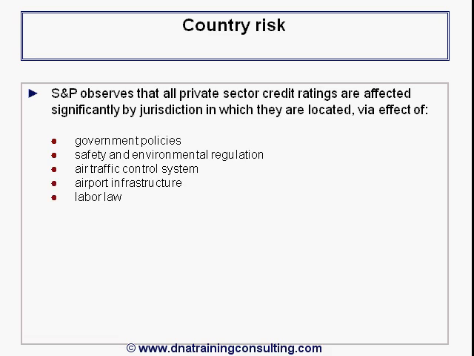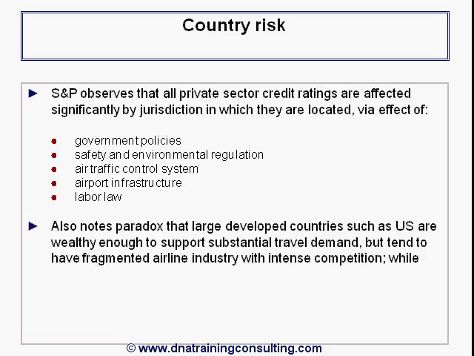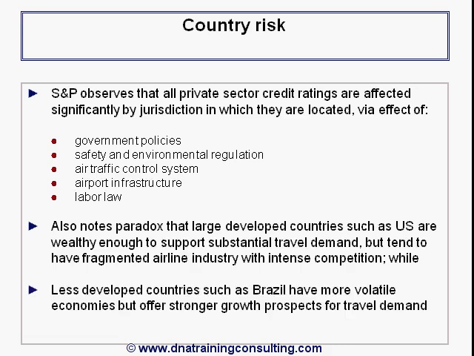S&P also notes a paradox in that large developed countries such as the US are wealthy enough to support substantial travel demand, but tend to have a fragmented airline industry with intense competition, while less developed countries such as Brazil have more volatile economies but also offer stronger growth prospects for travel demand.